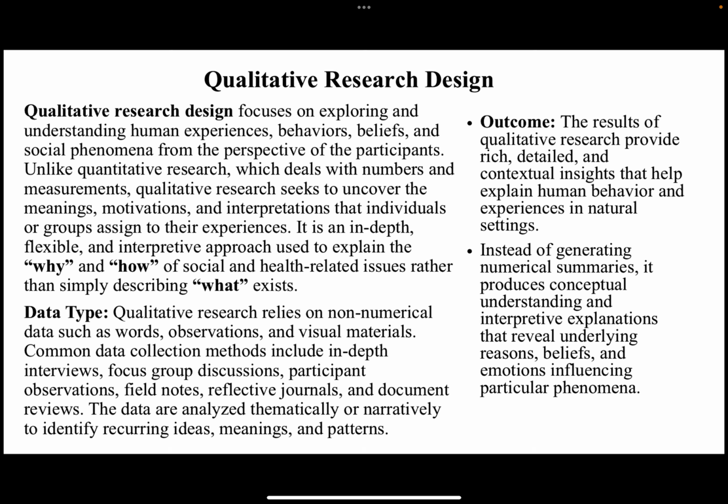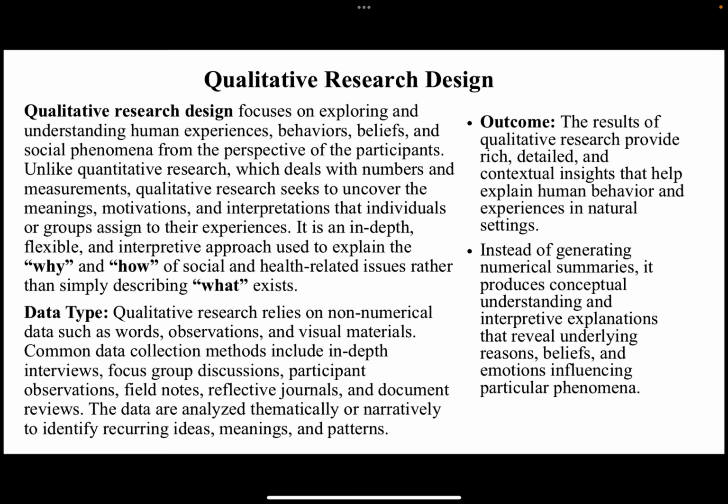Okay, so we have qualitative research design and quantitative research design. How will you know a study is a quantitative research design? With quantitative research design, you are going to measure numbers, and it is best when you want to measure prevalence, you want to measure patterns, you want to test hypotheses.